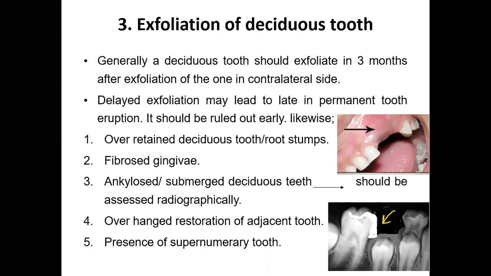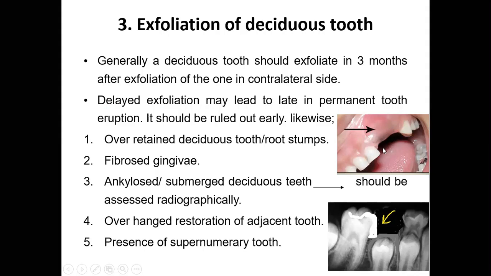So all these things shall be noticed, what is the reason behind the absence of these teeth, whether they are exfoliated or whether they are not erupted into the oral cavity. Why are they not erupted? If it is because of thick gingiva, we need some surgical procedure to allow them to erupt.